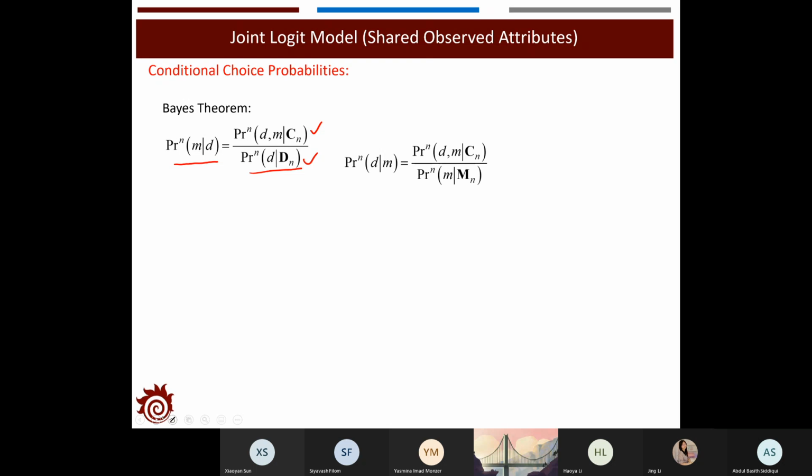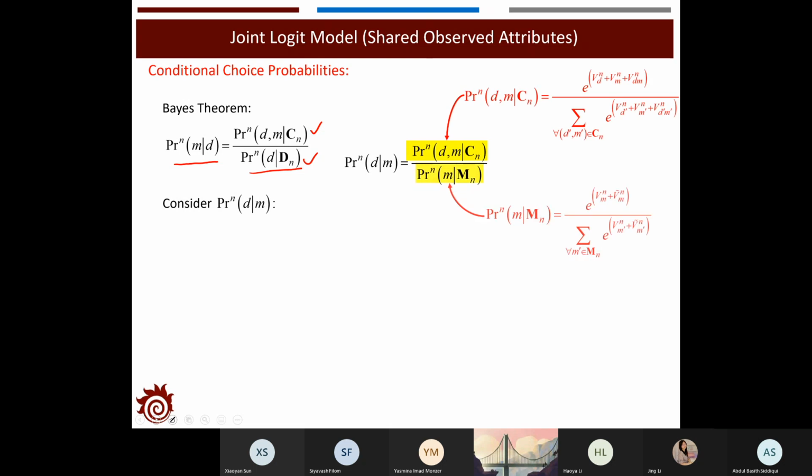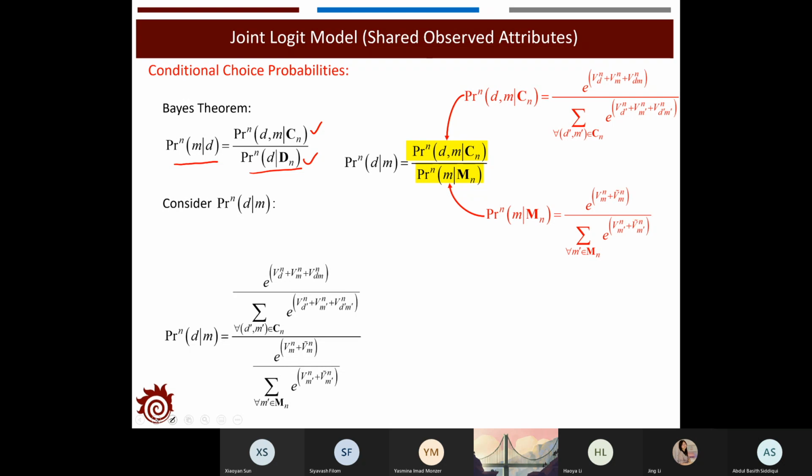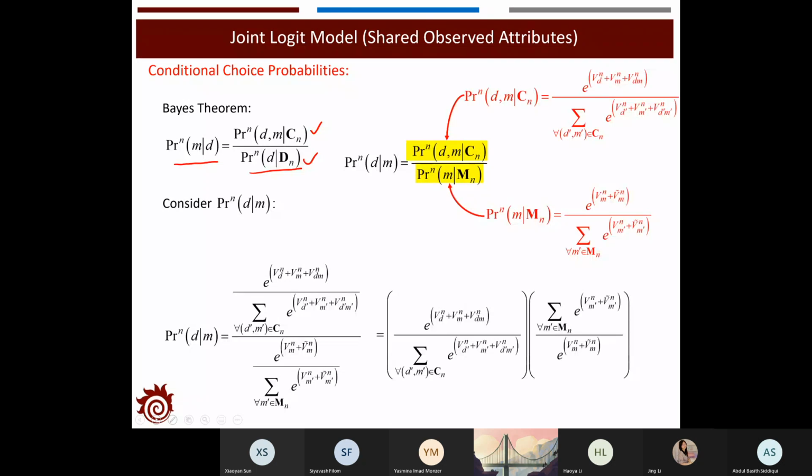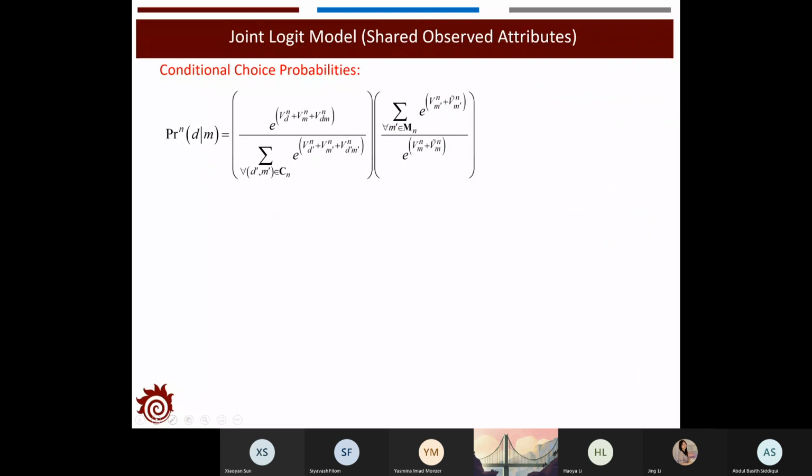So this is what we have for the joint probability, and the marginal probability. We put them together and apply some simplification. Again, I'm going to skip the details.